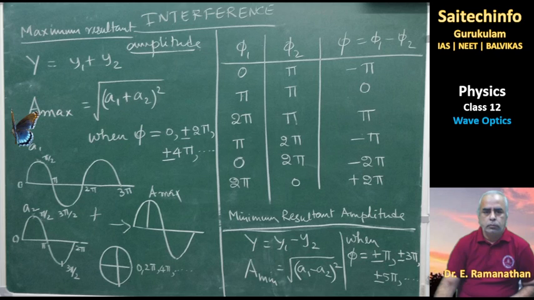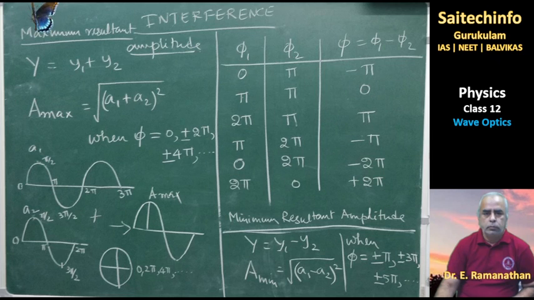Maximum resultant amplitude is given by y is equal to y1 plus y2. Y represents the net displacement, y1, y2 the displacement of the respective wave trains. A max, that is the resultant amplitude with the maximum mode, that is maximum resultant amplitude A max, is given by the whole square root of a1 plus a2 the whole square.